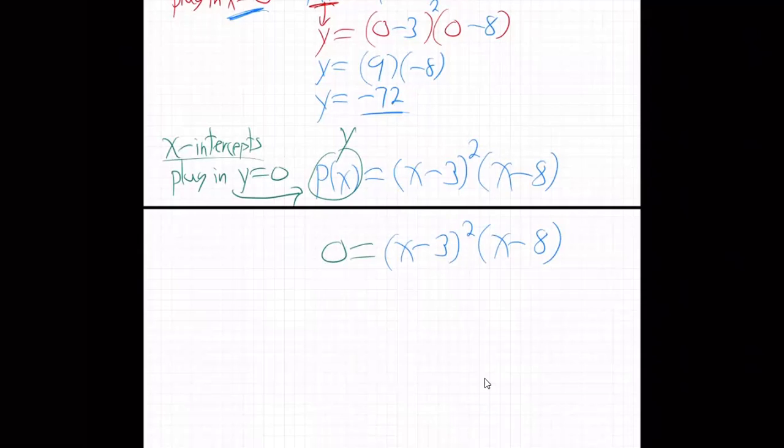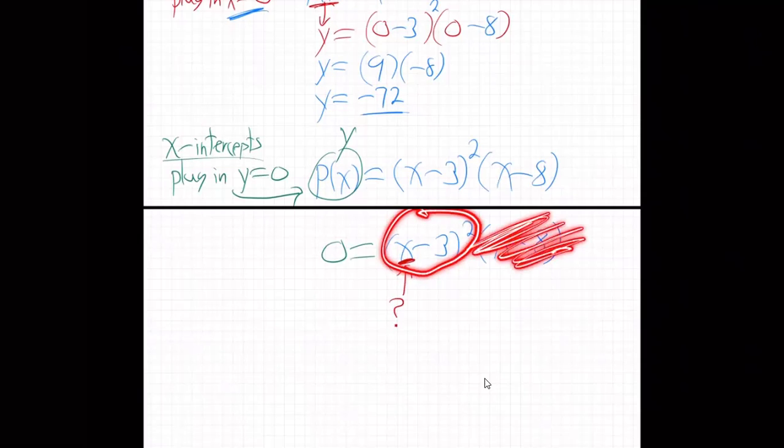Now, you tell me, I don't want to do anything fancy to solve this. I just want to solve by observation, just by looking at it. Can you guys tell me what I can plug in right here for x? Who cares about the other stuff, just this piece right here.